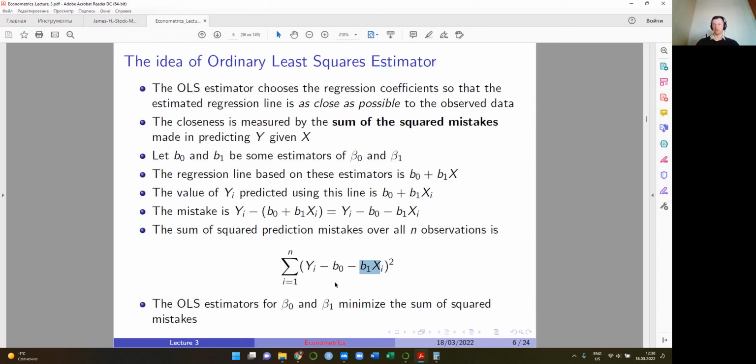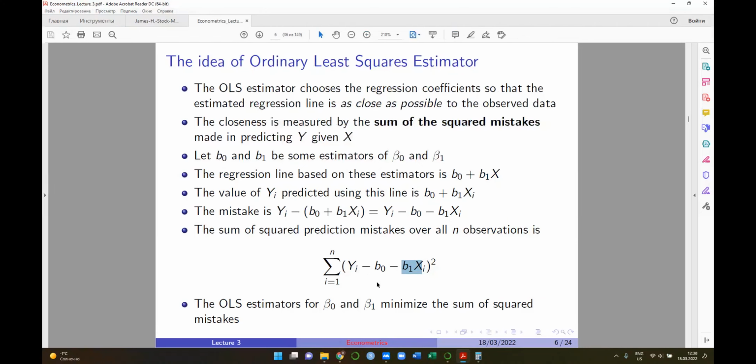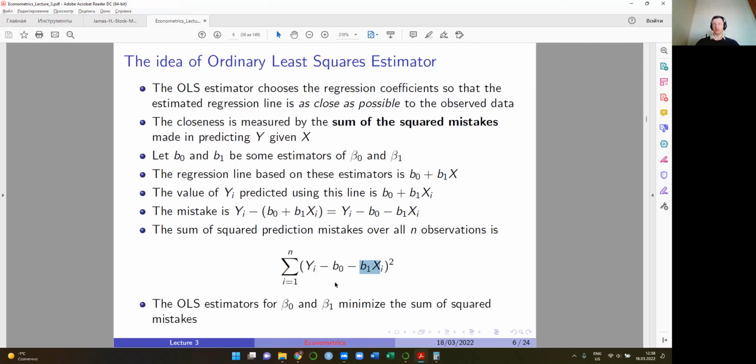Our error is the lowest possible. And this is similar to the likelihood method. In that method, we maximize the likelihood to observe the sample. Now we want to minimize our error while predicting the value of y.